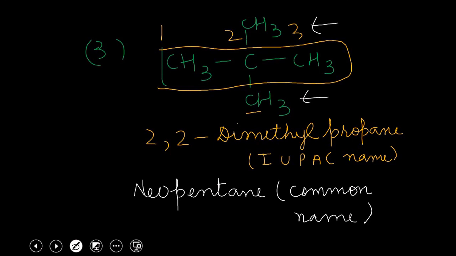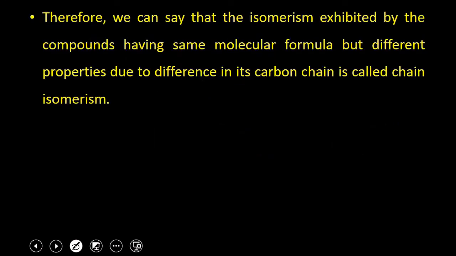So always remember, as the number of carbon atoms increases, the number of possible isomers also increases. As butane had only 2 isomers, but in case of pentane you saw it had 3 isomers. So now we can say that the isomerism exhibited by compounds having the same molecular formula but different properties is due to difference in arrangement in its carbon chain. So this type of isomerism is called chain isomerism.